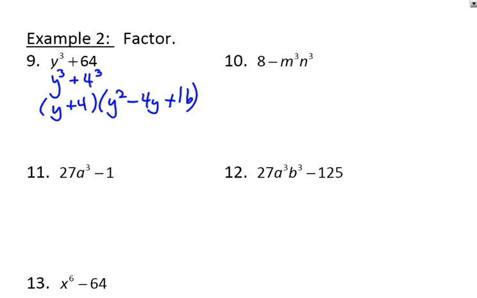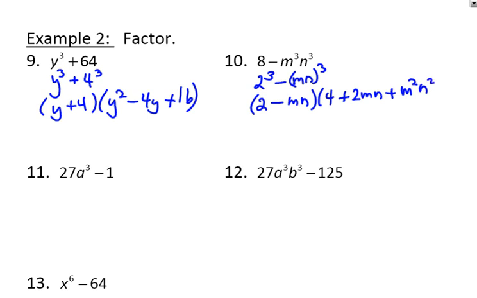Number 10, I have 2 cubes minus, and then you see that I have the m and the n, and they're going to be also cubed, both of them. So when I write my first parentheses, it's going to be 2 minus mn, so be sure you match that sign. Then 2 times 2 is 4, opposite sign plus, multiply them together and get 2mn, always plus, and then mn times mn is m squared n squared.